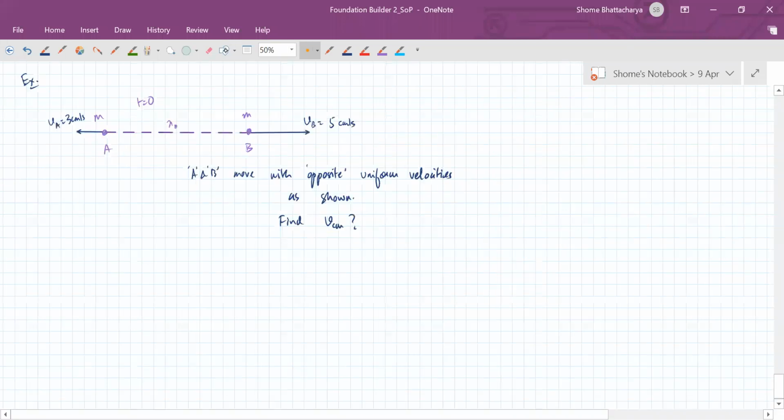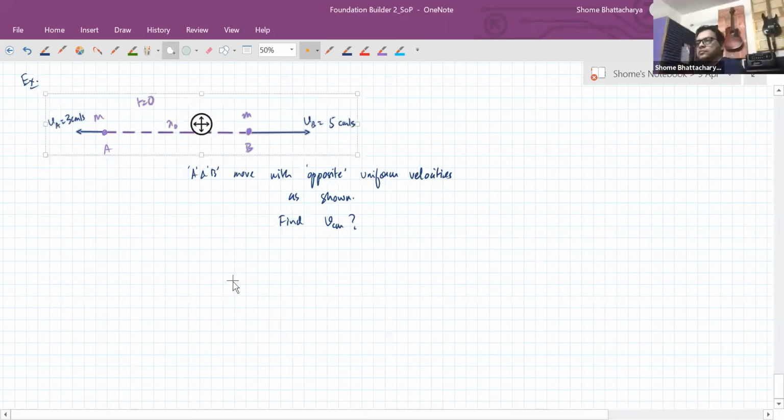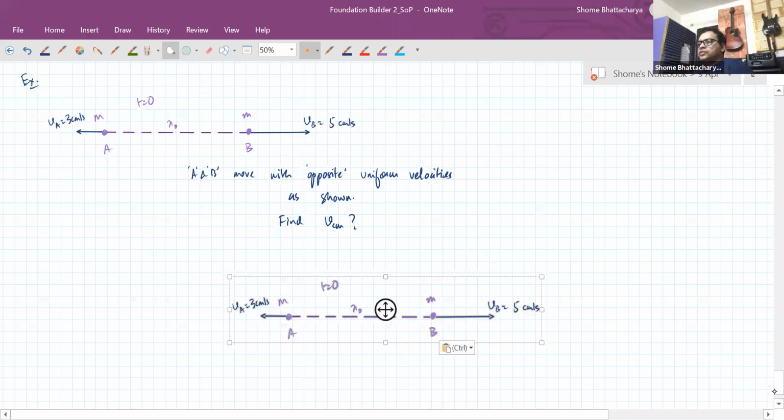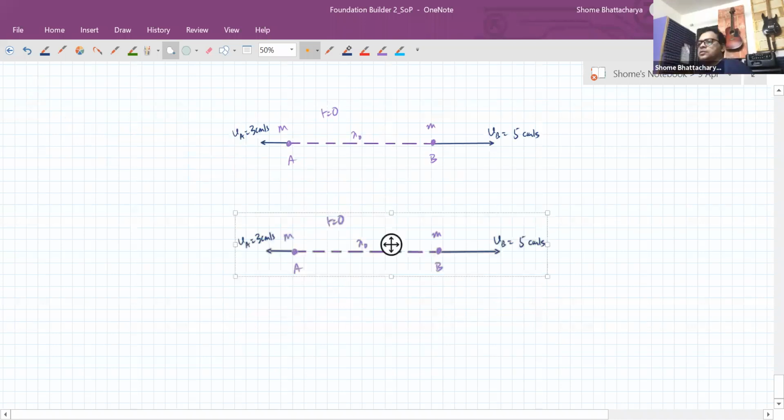So anybody got the answer? See, if we're here at t equal to 0, then after some time, the situation would have changed.